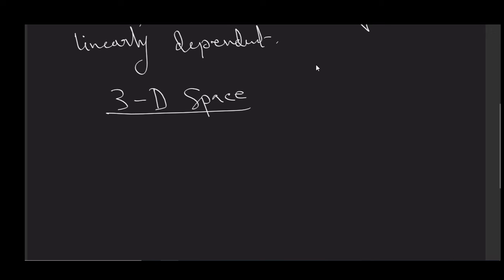So what I am trying to say here is that for 3D space you can have three different types of representation. One is the rectangular coordinate system.